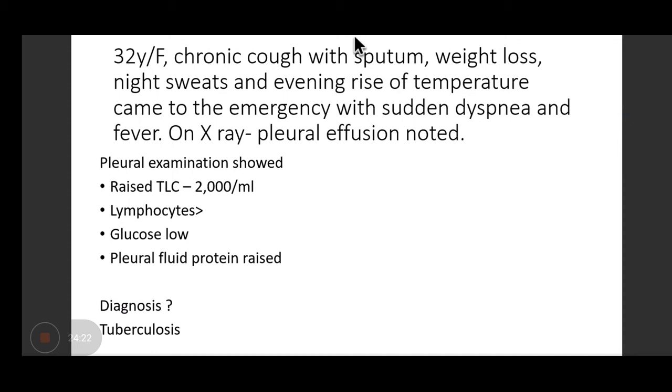And then when you do the pleural examination, the TLC is again raised, and you find large atypical malignant cells. The nature of the cells is not known. So what will be the diagnosis then? Malignancy, yes. Lung carcinoma.